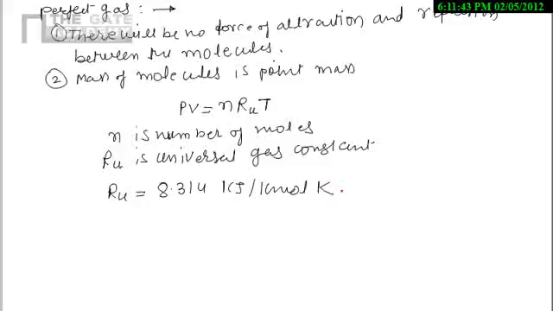So this one is the equation for perfect gas, that is PV equal to nRuT.